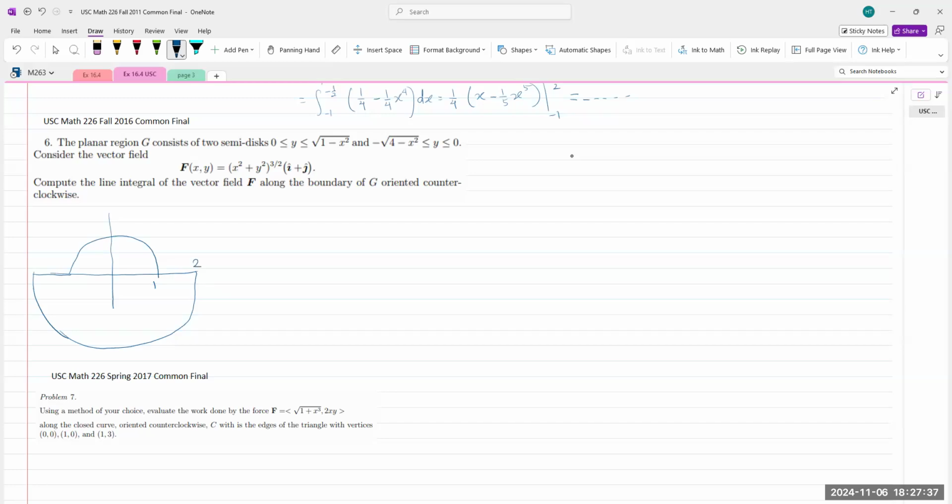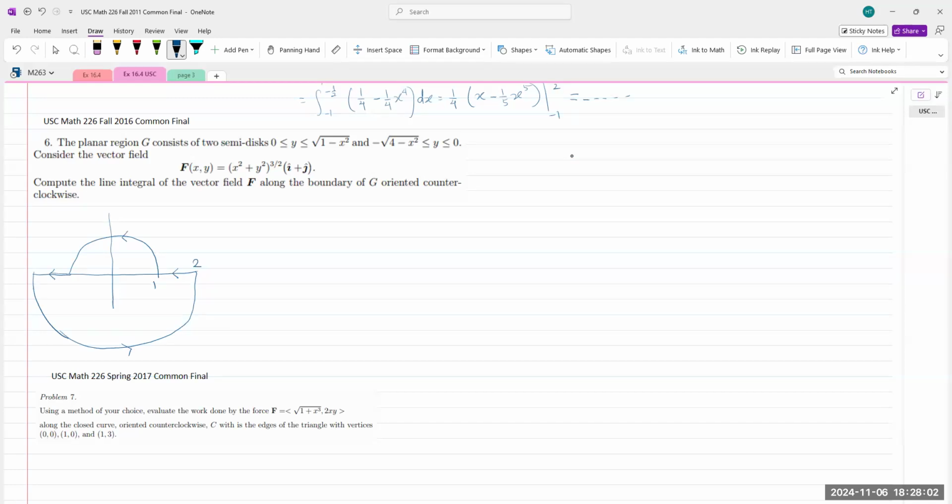Okay. Wow, if I need to do it directly, then how many paths do I have to do? 1, 2, 3, 4, right? But I will use Green's theorem because the path is closed, the planar region.